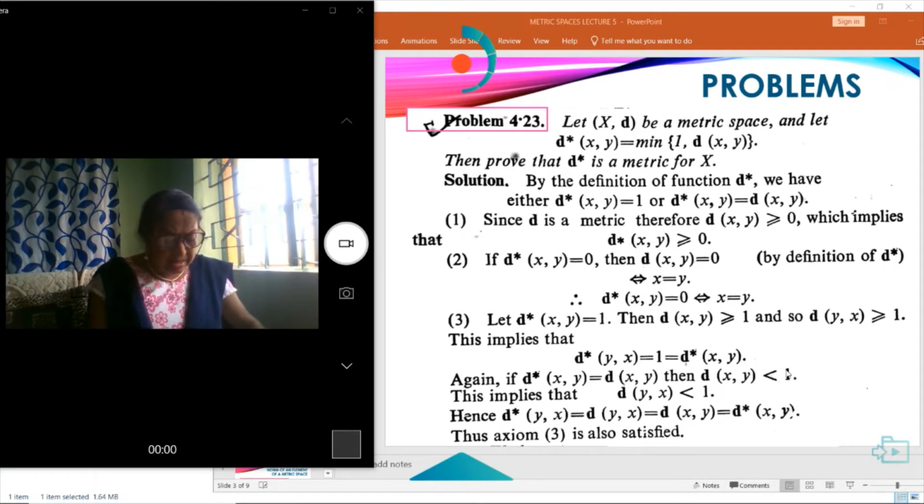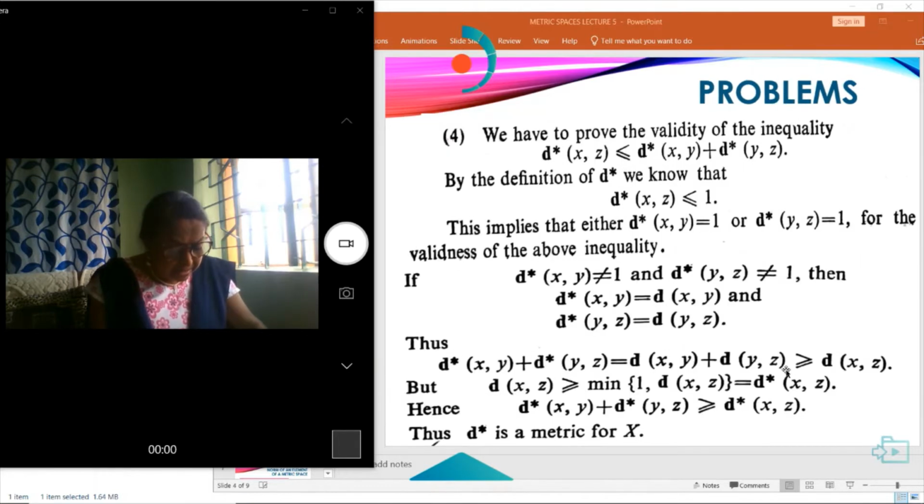Hence, the third condition is also satisfied. Now, for the fourth, d*(x, z) is less than or equal to d*(x, y) plus d*(y, z).